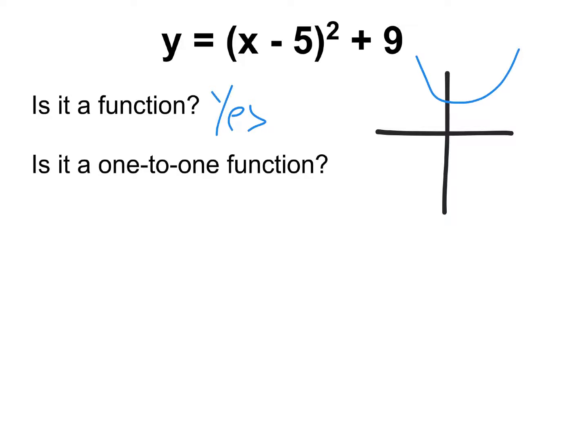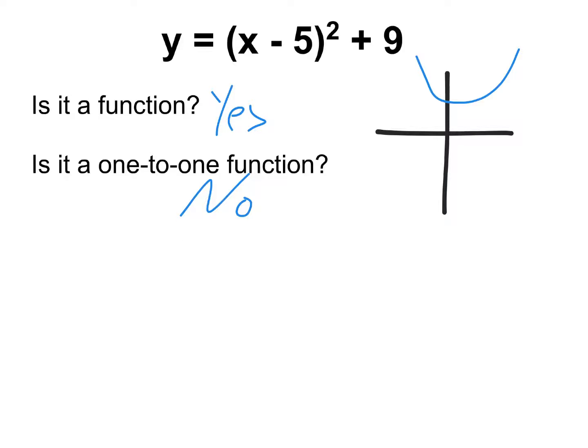All right, but now the next question here. Is this an example of a one-to-one function? No, it is not a one-to-one function. To be a one-to-one function, in addition to being a function, there can also be no more than one x for any given y. What do we call that test? The horizontal line test, yeah.